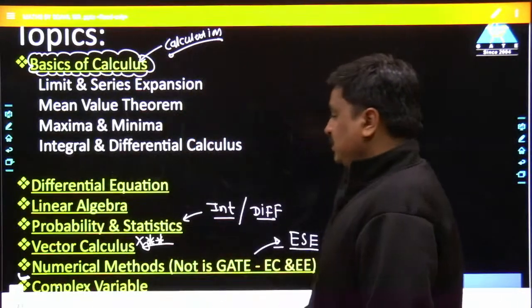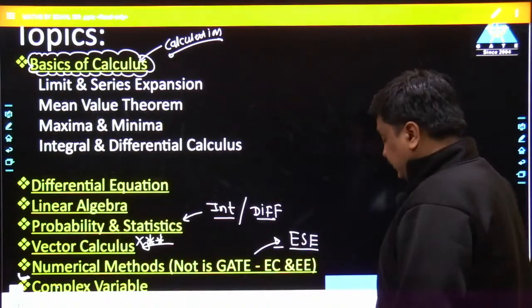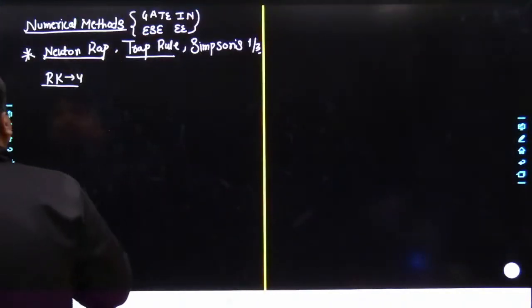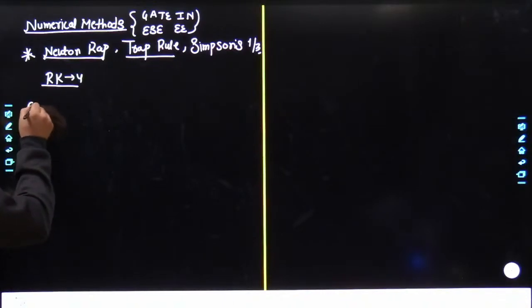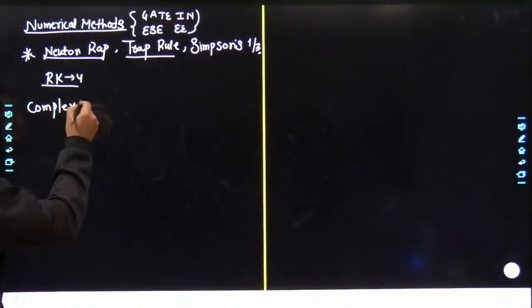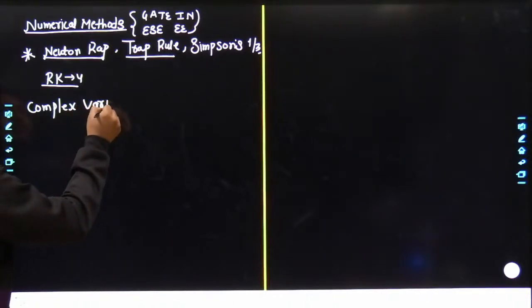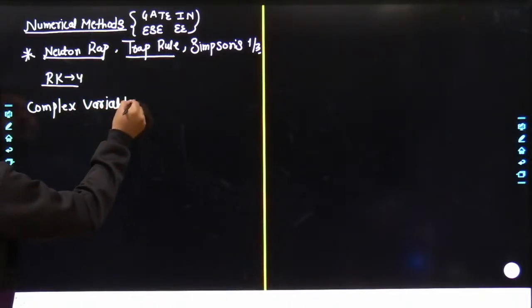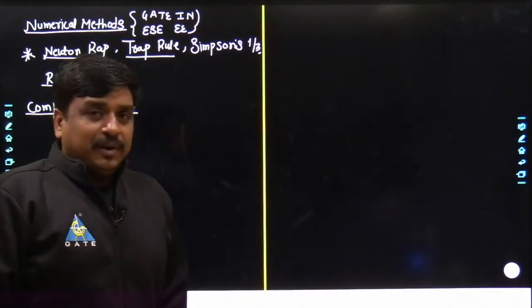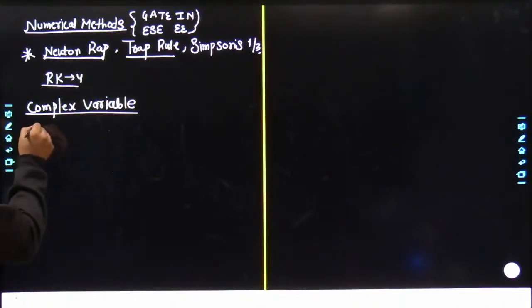The last topic is nothing but complex variable. It is an intense topic. You cannot say it's a straightforward topic. But if you focus on complex variable, I would recommend just focusing on the 2 or 3 important points.